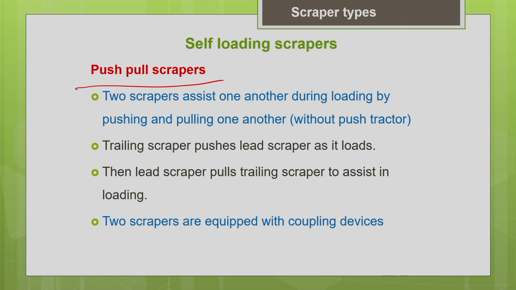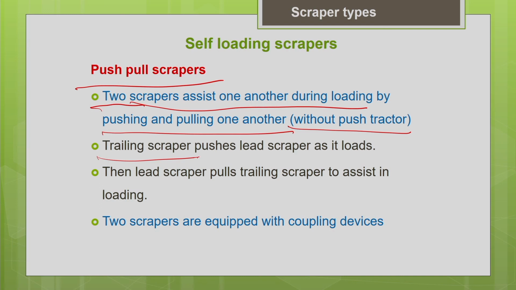These two scrapers are connected to each other with a coupling device, so that the scrapers can help each other during the loading operation. So, this is a kind of teamwork. With the help of teamwork, we can get the job done. This is basically the mechanism of the push-pull scrapers. The two scrapers are assisting one another during loading by pushing and pulling one another without the help of a push tractor.